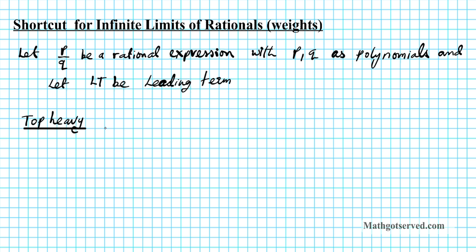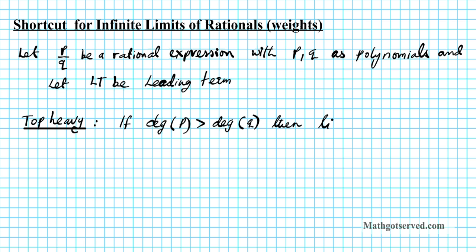Okay, it doesn't matter what order it's written in. Whichever term has the biggest degree is the leading term. Okay, so top heavy: if the degree of the numerator P is greater than the degree of the denominator Q, right? We have a top-heavy situation.